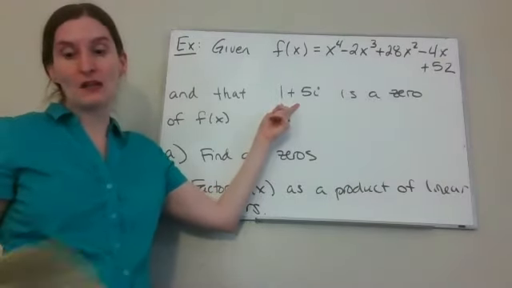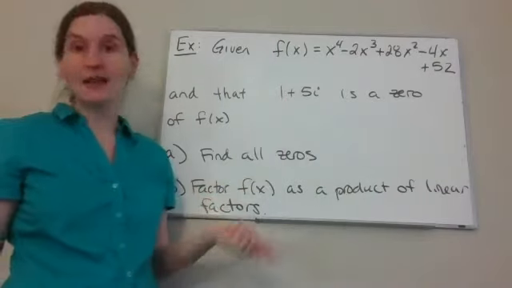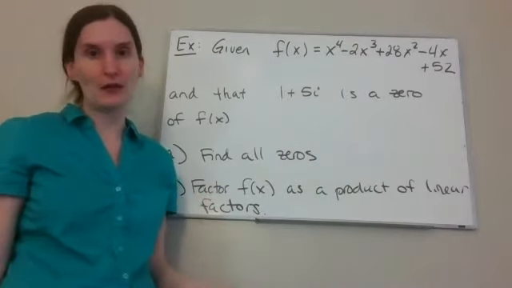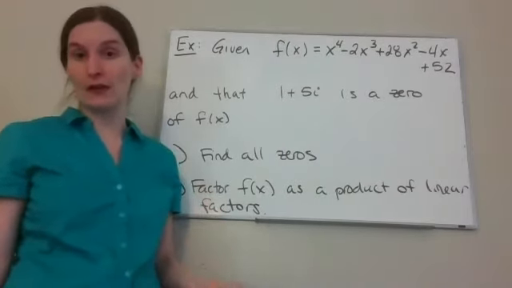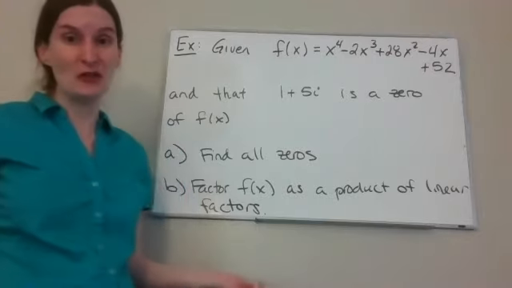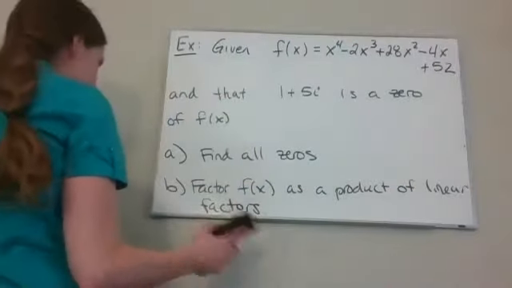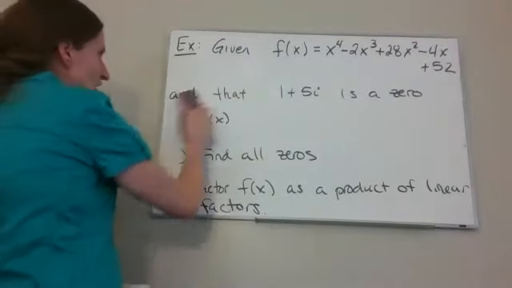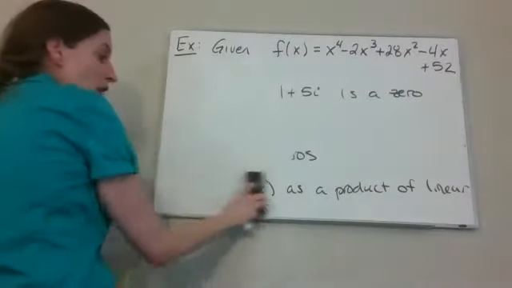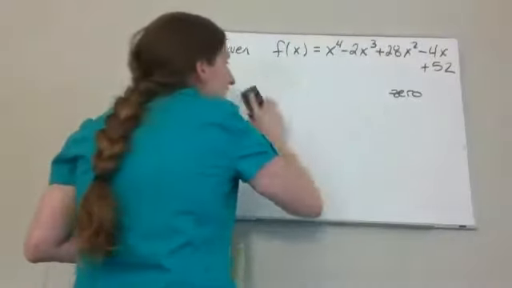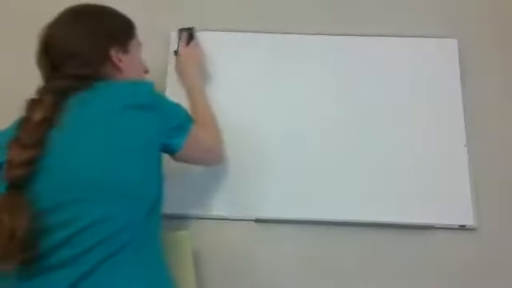By my conjugate zeros theorem, I know 1 minus 5i is also a 0. So I already know 2 of the 4 zeros. We just have to find the other 2. How we're going to find the other 2? Well, let's just do some synthetic division using the zeros that we know, and maybe we'll be able to figure out the other ones.